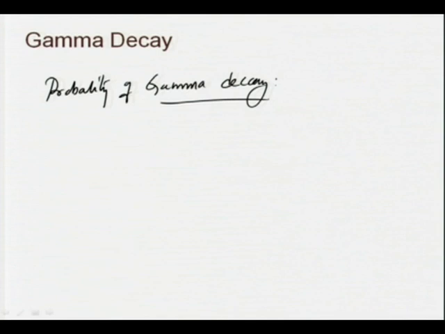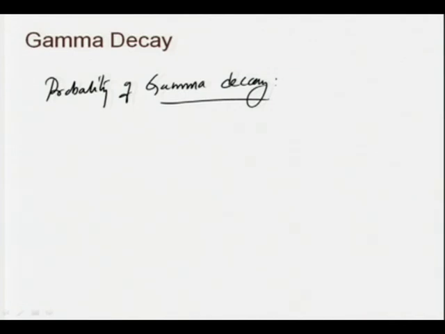All right. Now, let us consider the probability of gamma decay. We will not go again into the details of the quantum mechanics, exactly similar to the beta and alpha decays. We will here also restrict to a bit of a qualitative understanding of the gamma ray.